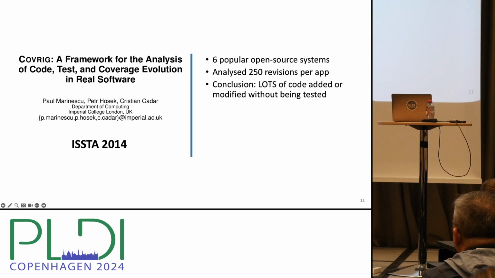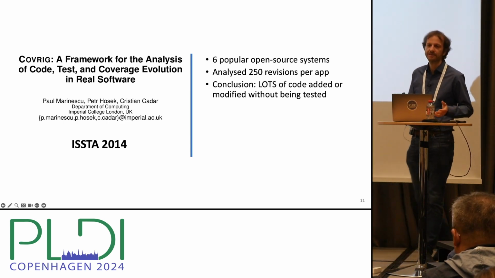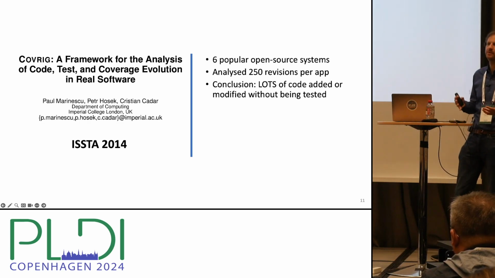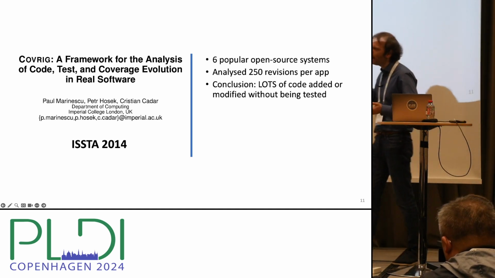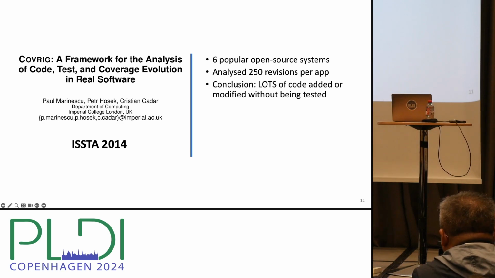We looked at 250 patches in each of these systems, and we tried to understand how developers are testing their code as it evolves. And the one-line conclusion was that unfortunately, lots of code was being added or modified without being tested, sometimes not at all.